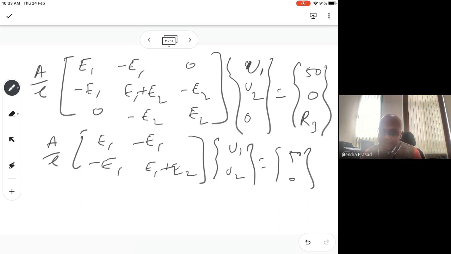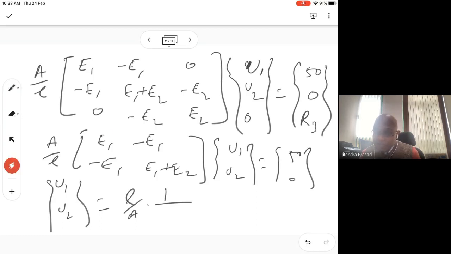Then this becomes U1, U2 is equal to L over A, and then 1 over, so you will have E1 square, E1 E2 minus E1 square. So E1 E2 only, right?